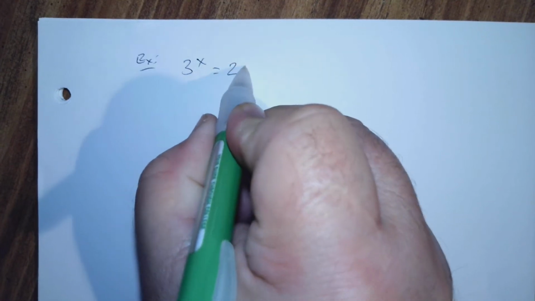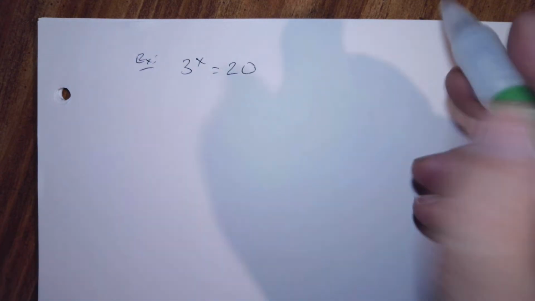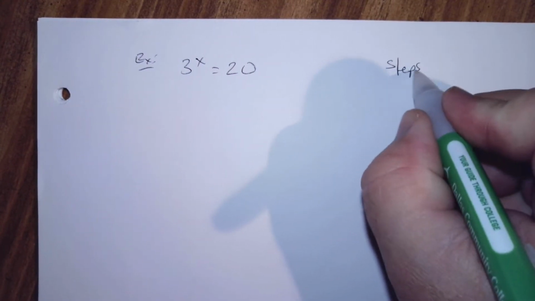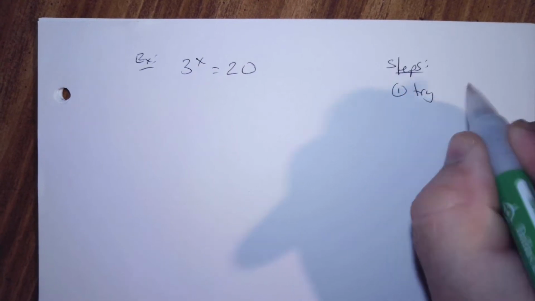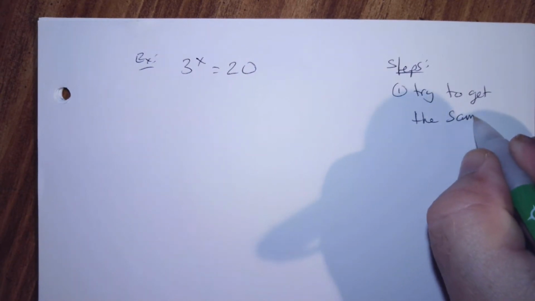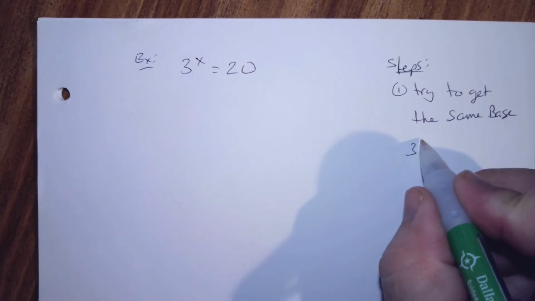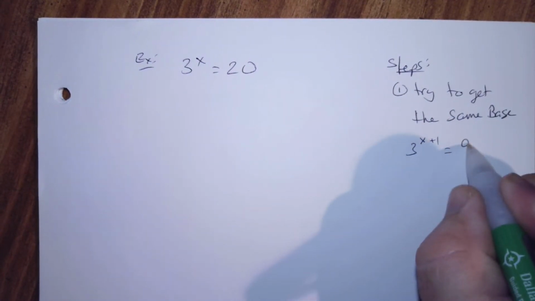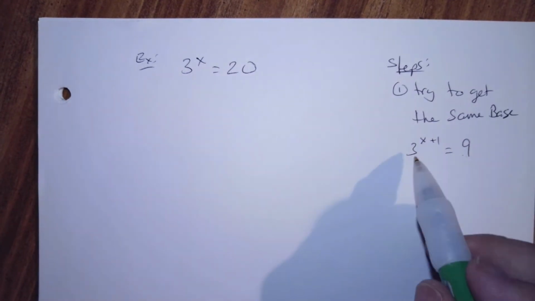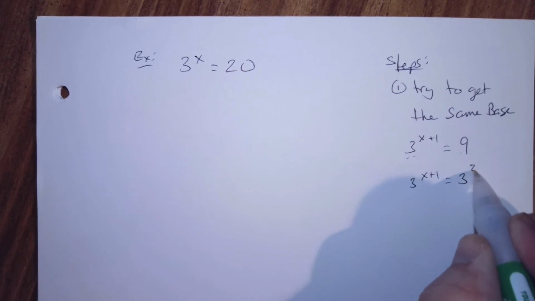Alright, the first one, 3 to the x equals 20. Your first objective is to try to get the same base. What that means is, like in the last example, this is a 3 and this is a 9, so try to make them both the same base.